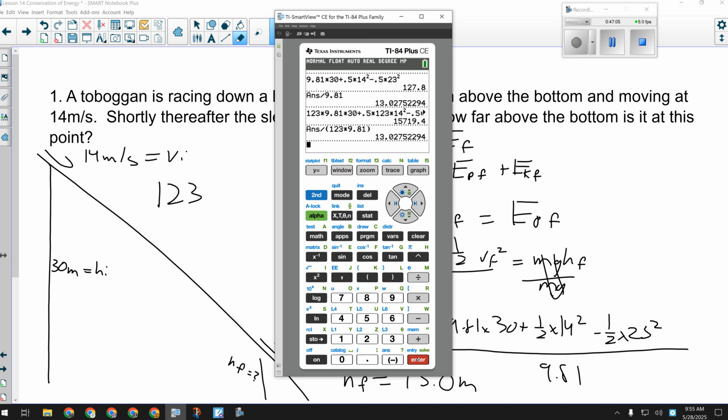Oh my goodness gracious, look at that. It's exactly the same number, which confirms mass doesn't really matter. You can put it in if it makes you comfortable. You can take it out if it makes you comfortable. Either way will work. Okay?